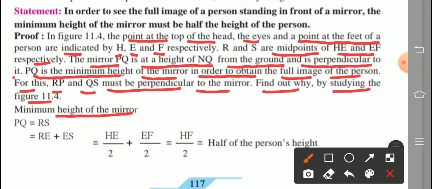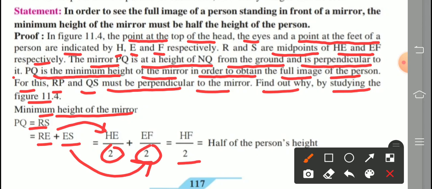We are confirming the minimum height of the mirror. PQ is equal to RS, which is RE plus ES. RE is HE divided by 2, half the distance. ES is half the distance of EF. The denominator is the same, so only one 2, and the addition HE plus EF is nothing but HF.